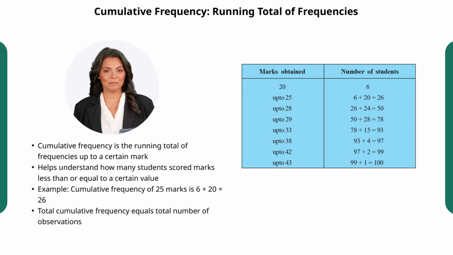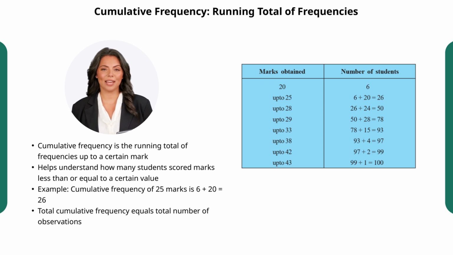Now, let's explore the idea called cumulative frequency, the running total of frequencies. Imagine you have a queue, and as it grows, you keep count of the number of people up to a specific point. In terms of our frequency table, cumulative frequency tells us how many students scored marks less than or equal to a certain score.